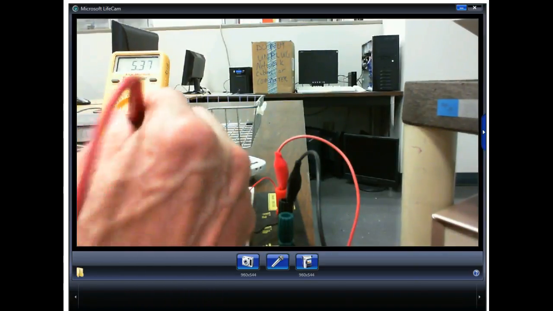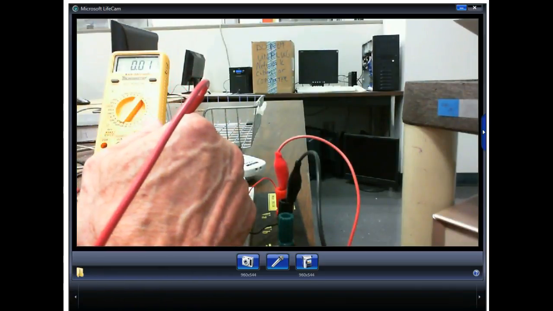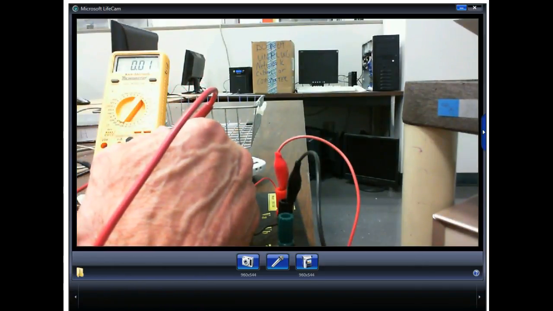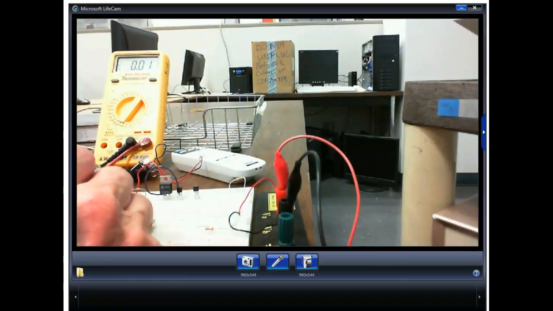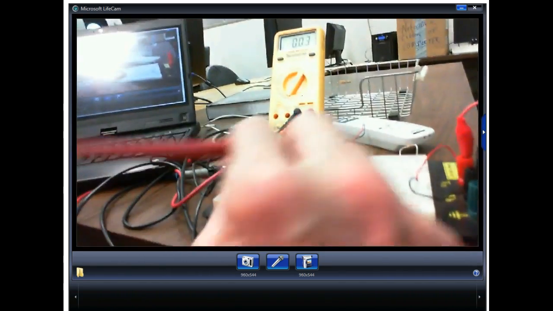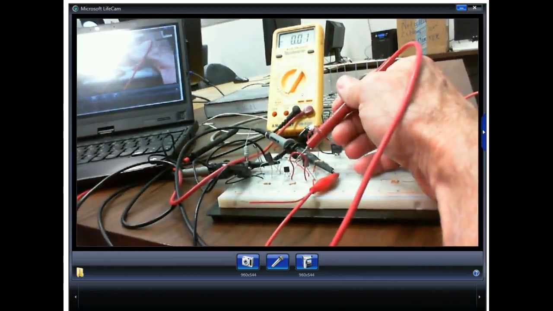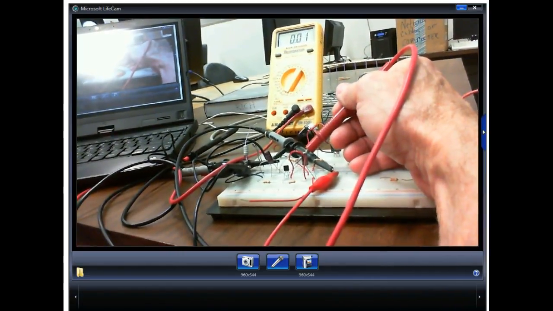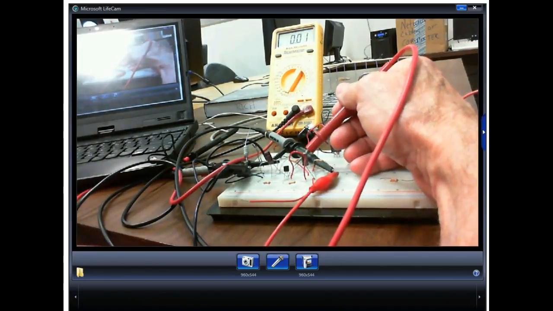Okay. Here's VE. Now, what a lot of people do is they'll come and measure on the emitter, but the emitter is open, right? You understand? So what I'm doing is making sure I measure across the emitter resistor. So here's my emitter resistor right here. And what's it measuring? 0, right?